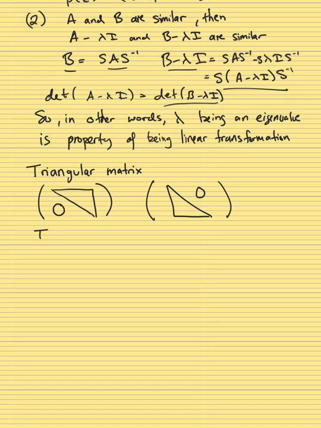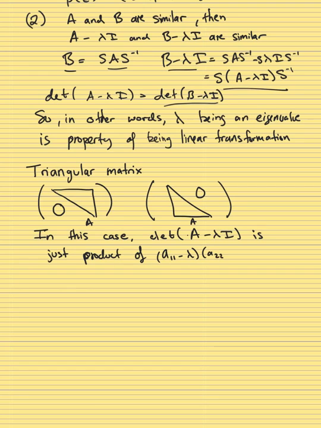In this case, the determinant of A minus lambda I is just the product of the diagonal terms, so a11 minus lambda, a22 minus lambda, up through ann minus lambda.